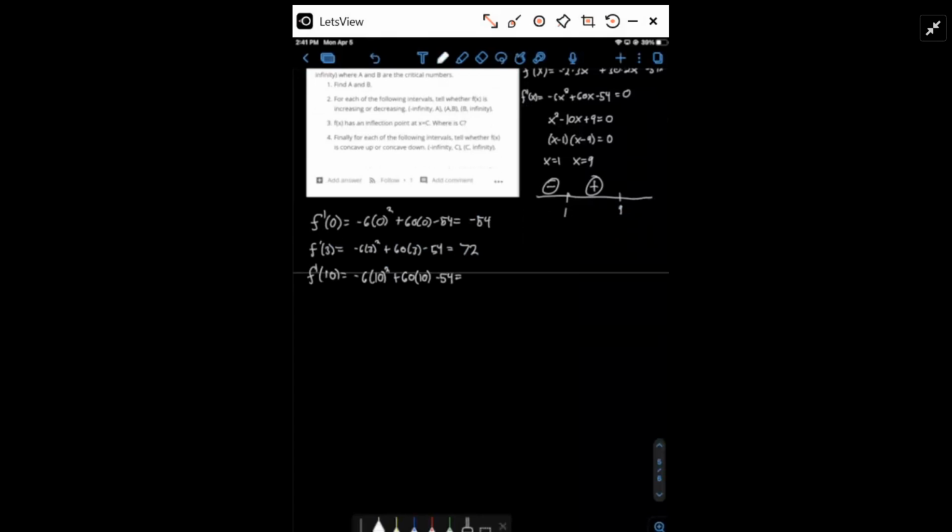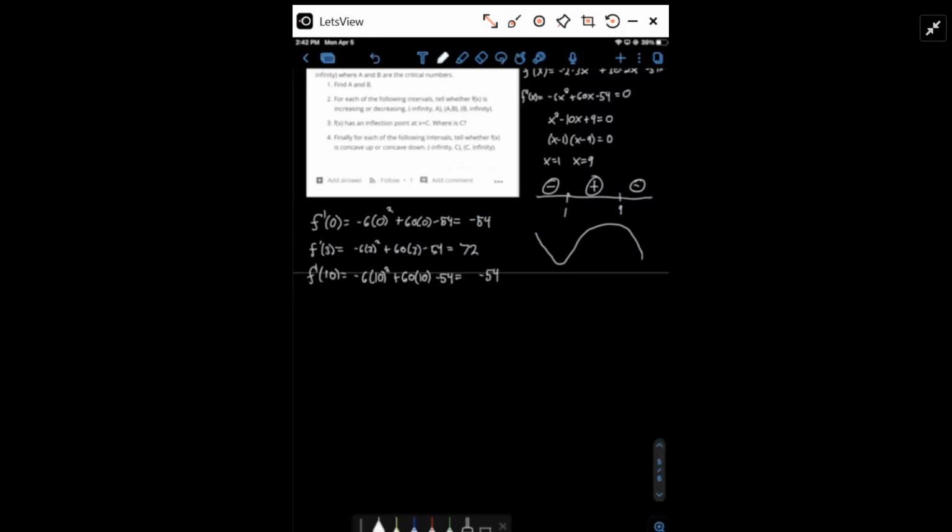Negative 6 times 10 squared is negative 600, plus 60 times 10 is 600, so those go to 0, and then we're left with negative 54. So this is negative, meaning this graph goes from decreasing to increasing back down to decreasing.